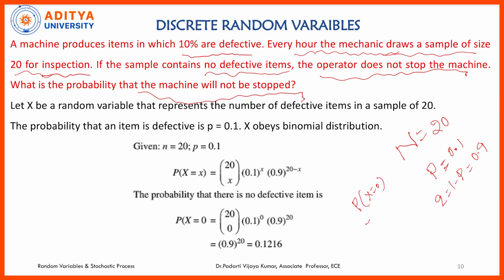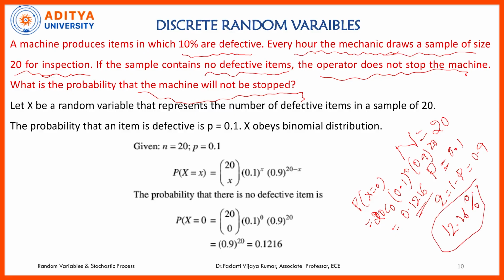The probability of x is equal to 0 will be 20c0. So, here defective item is the success, we assumed, 0.9 whole power 20. So, 0.1216. That means 12.16% chance is there for the machine not to be stopped during the production.